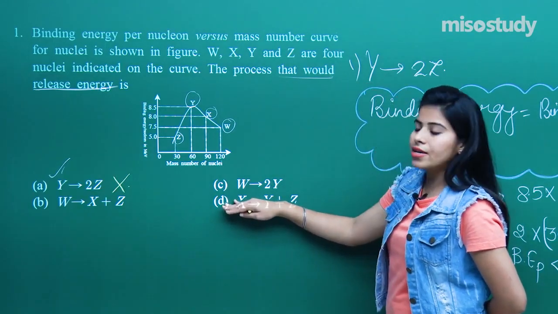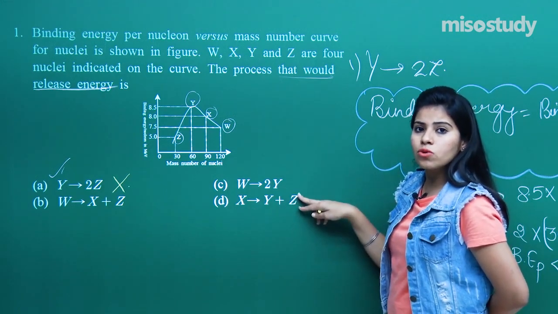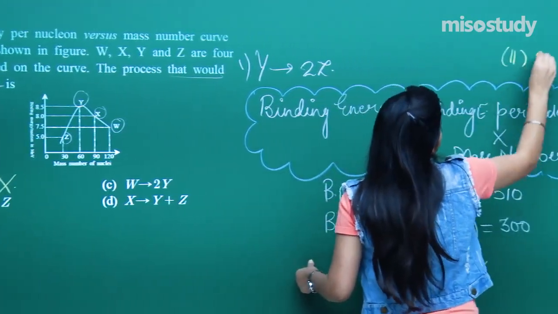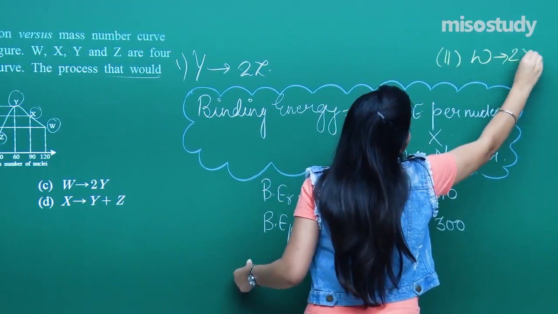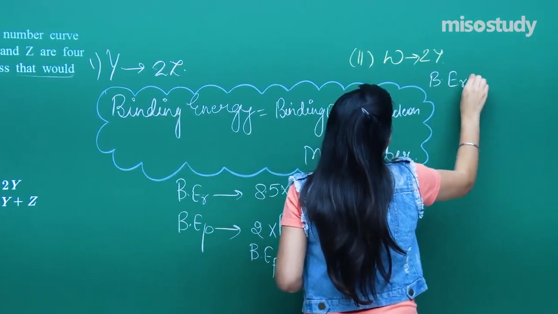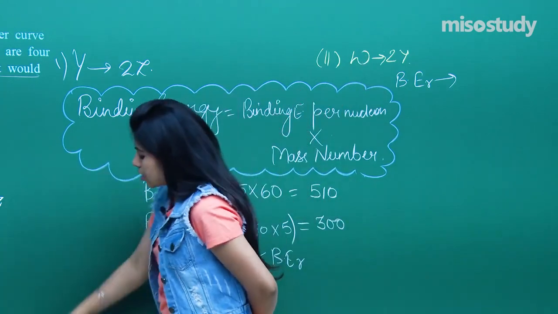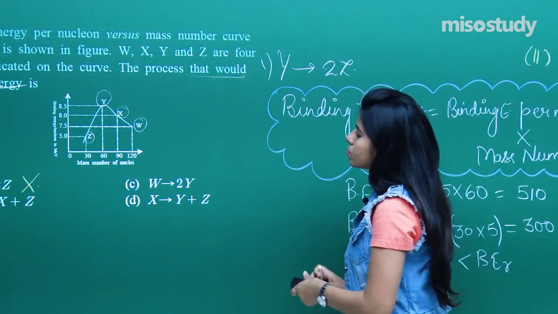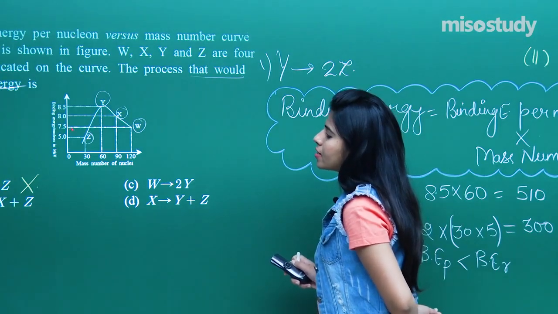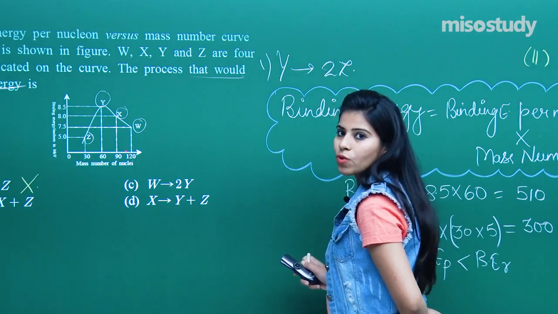Let me just consider the case for W equals to 2Y. W is converting into 2Y. So let us just see. Now in this case, binding energy for reactant, that means W. Let us just now look for the W. This is W, and the corresponding binding energy per nucleon is 7.5 and the mass number is 120.